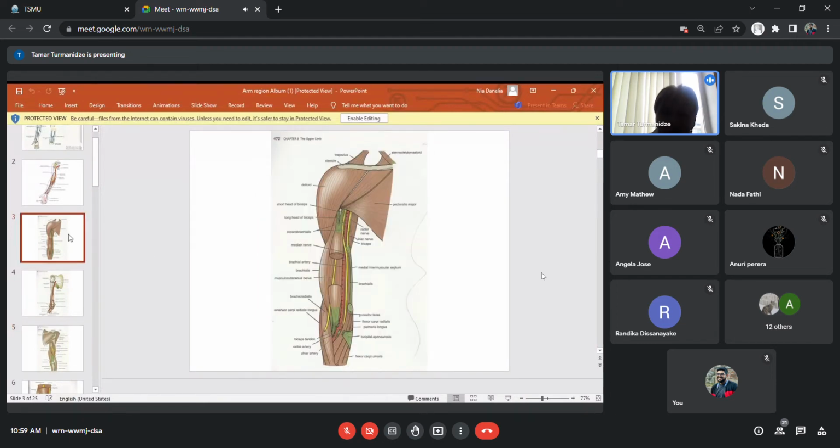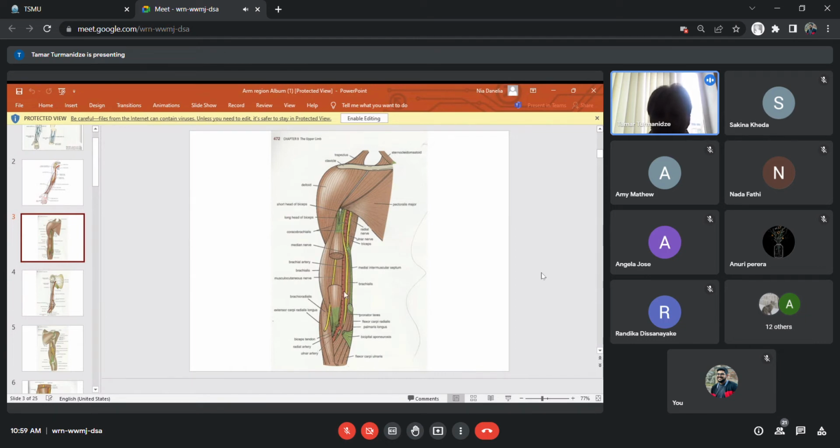Main vessels and nerves of the arm region is brachial artery, which is continuation of the axillary artery. It's at the level of the lower border of the teres major muscle. Axillary artery continues down to the brachial artery, and the brachial artery is located in the anterior compartment.